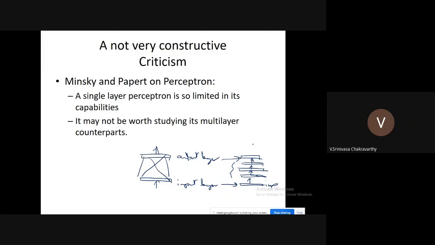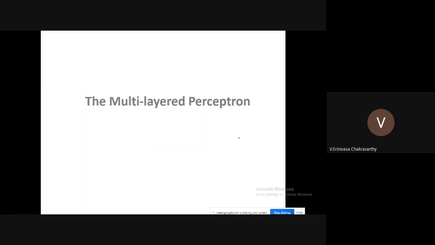Because of that, in the 70s, there was not much work done. But in the 80s, people forgot about all this criticism and started studying multi-layer versions of the perceptron. Then suddenly they found that these models don't have all the problems of the perceptrons, because they can classify linearly non-separable data also.